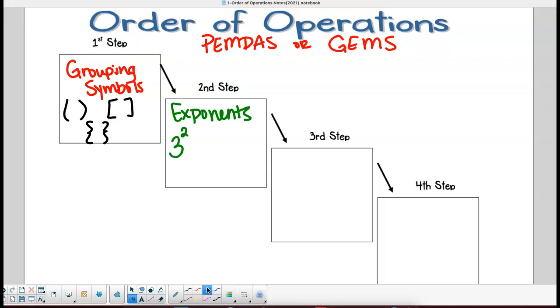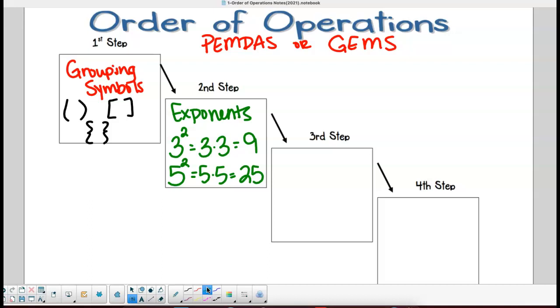Now remember, that does not mean 3 times 2. This means 3 times 3, 3 two times, which is 9. So what is 5 to the second power? Monica? 25, because it means 5 times 5. So we're just reminding ourselves how to do exponents.